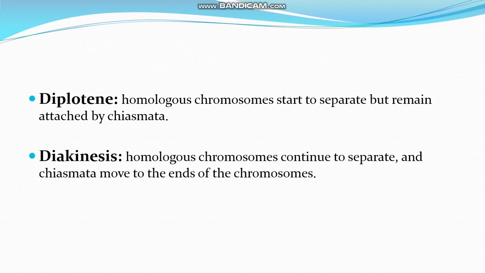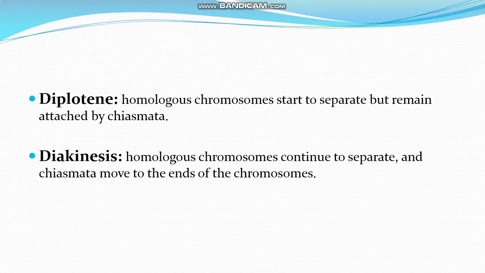Next stage is the diplotene stage or the diplonema stage. The separation of homologous chromosomes initiates. In diplotene, the synaptic force of attraction between them lapses, with breaking at one or more points, so that the homologous chromosomes uncoil and start separating. But the separation is nonetheless incomplete, since the homologues are in contact at one or more points where the crossing over has already taken place.